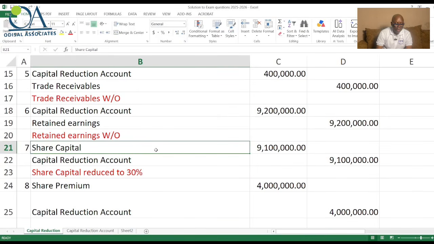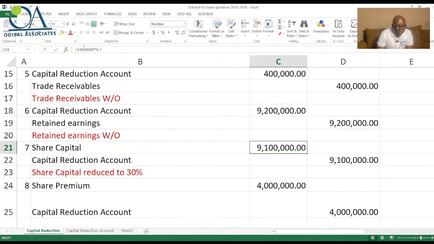Then the share capital also, they said, is to be reduced to 30%. What it means is that the remaining 70% will be written off, and the only value we are going to say in the share capital account will be 30%. So the share capital is 13 million multiplied by 0.7, which gives 9.1 million.